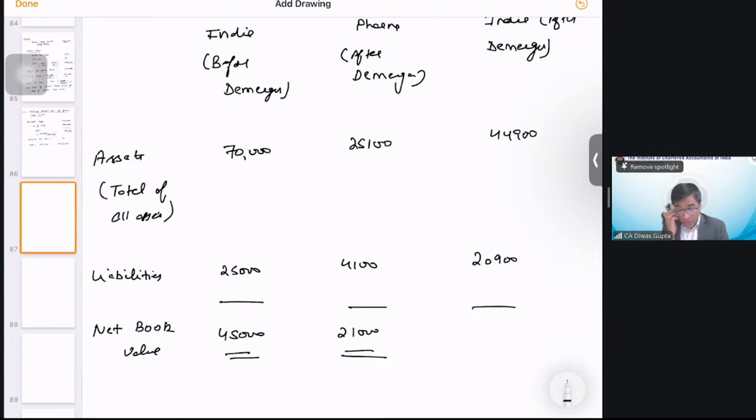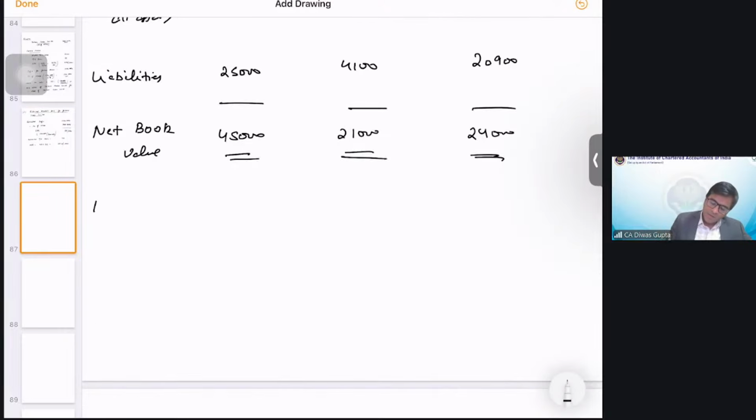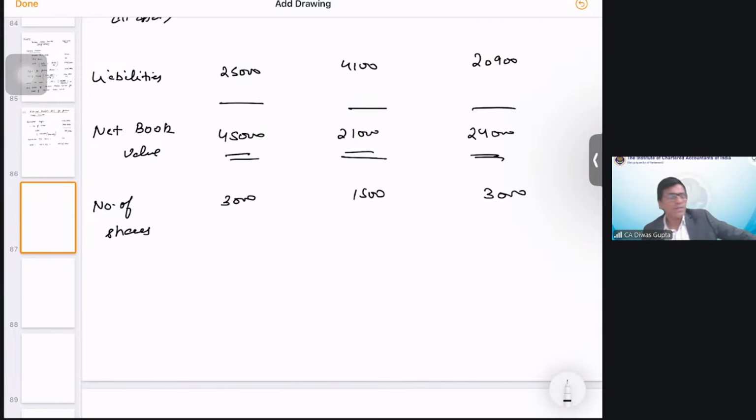So this is 24,000. Yes, very good, Saminathan. The answers are correct. Then the number of shares, students. 3,000, 1,500, and again 3,000, right? These are the three different number of shares. So book value per share.